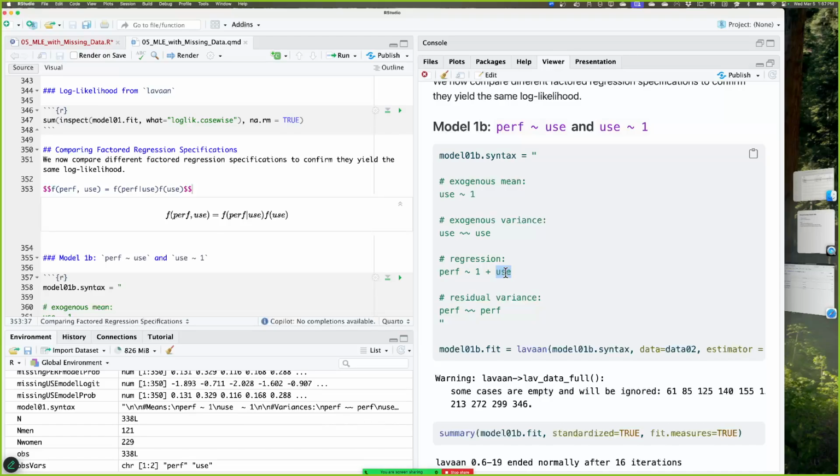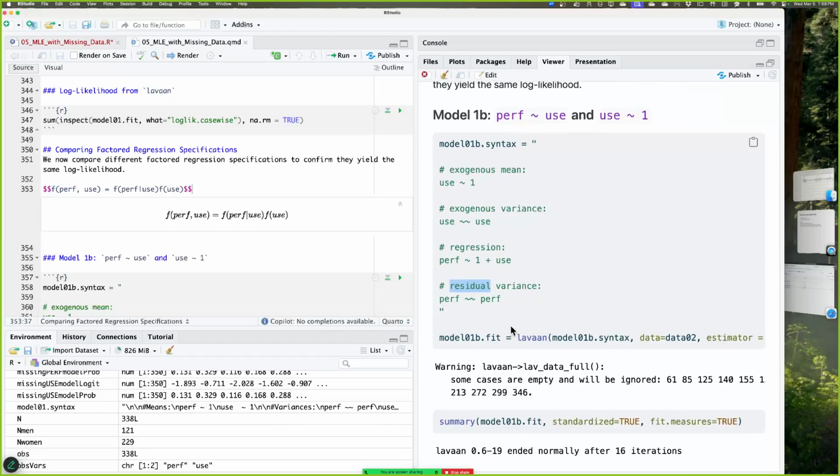In fact, if we tried to estimate the covariance between usefulness and performance and the slope, things won't go well because they're effectively the same parameter with a transformation. So put that in. We also need the residual variance of performance. Now remember, this is a residual variance because it's what is left over in performance after explaining it with usefulness. Does that make sense?